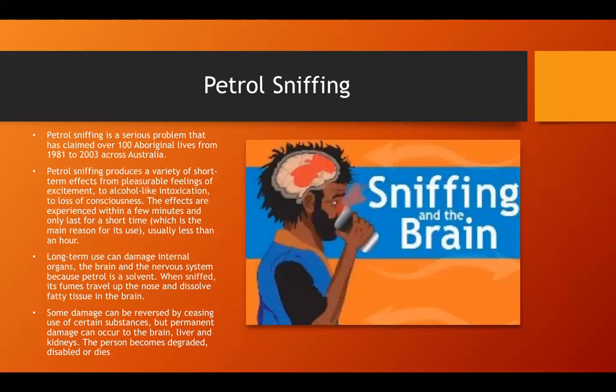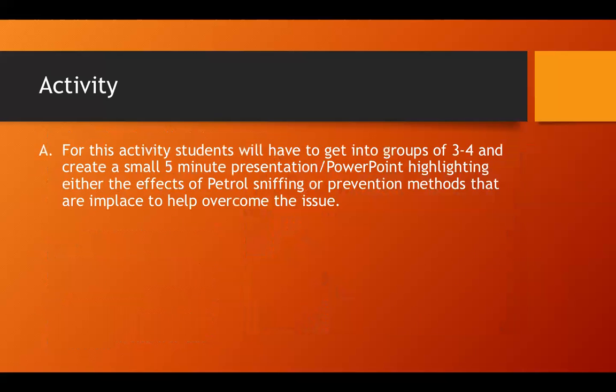Some damage can be reversed by ceasing use of certain substances, but permanent damage can occur to the brain, liver, and kidneys. The person becomes degraded, disabled, or dies. And obviously, death is probably less common. What actually is more common is people become disabled, so they can't actually use their limbs, which is fairly scary.